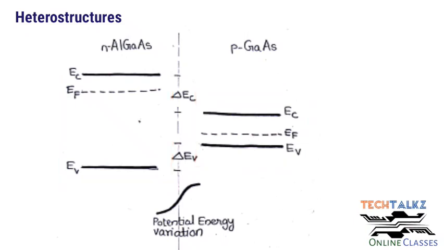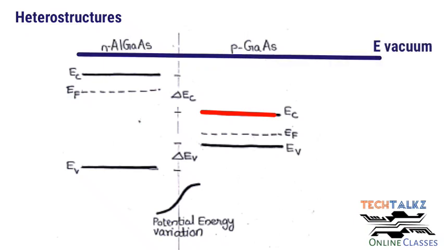And one more thing, why are we drawing EC of gallium arsenide here? Why can it be here or here? Because all the energy levels are represented with respect to the vacuum level, E vacuum. The energy gap between EC and E vacuum is much higher for aluminum gallium arsenide than for GaAs.